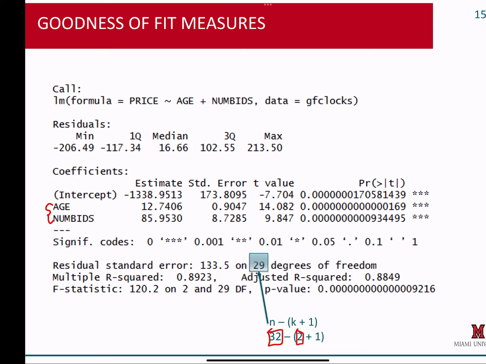In that case, we got 29 degrees of freedom, and these are called the error degrees of freedom. The r-squared value is no longer a reliable estimate of the explained variation. We have to use the adjusted r-squared now, and we will explain why a little later.